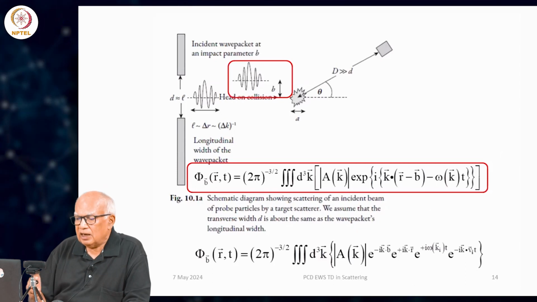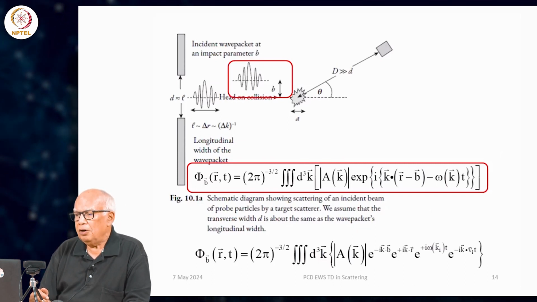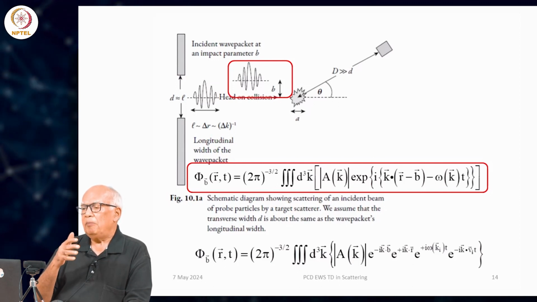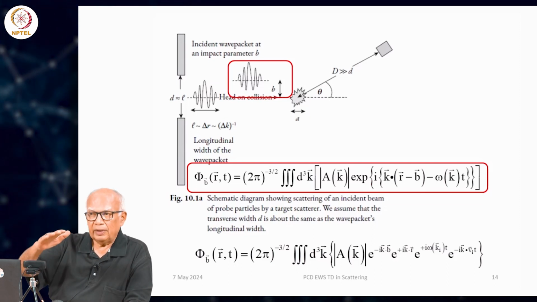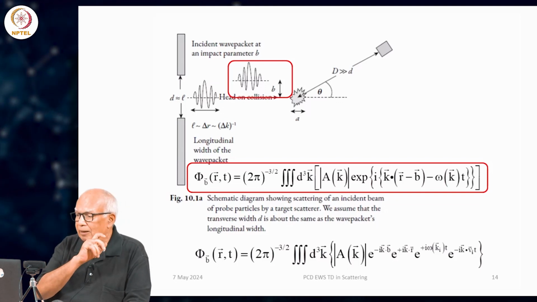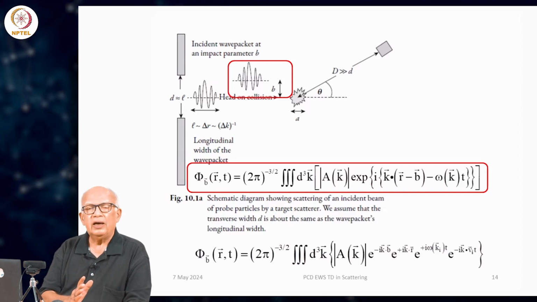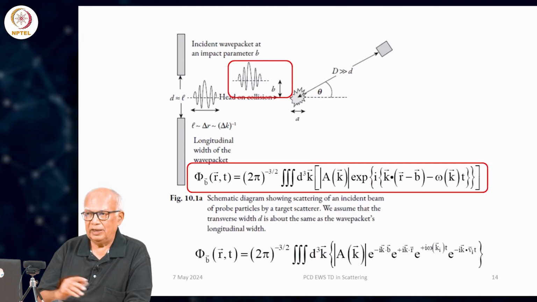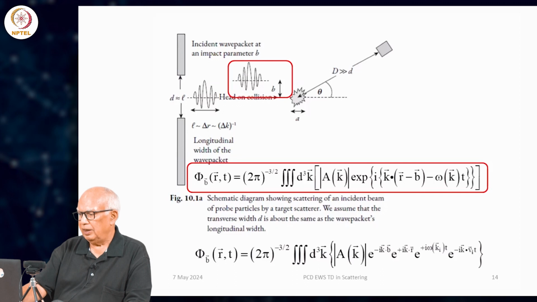You can write the corresponding wave function, wave packet, not just for the one which is impinging on the target head on, but also at a slight impact parameter b, and then r must be replaced by r minus b, because it is like a shift of origin. So, it is r minus b, which is what we have written in the last equation at the bottom.